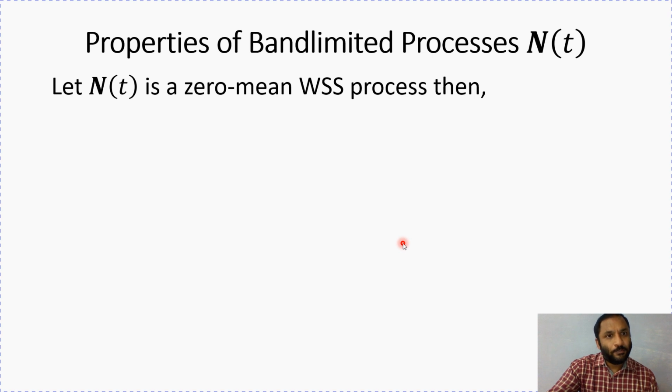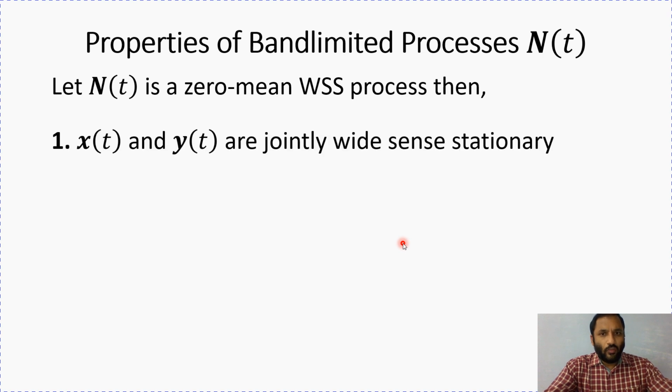That means the mean of the random variables at every time point is equal to 0. Once we make such a simplified assumption, we can study the following properties of that process. So what happens if n of t is wide sense stationary?